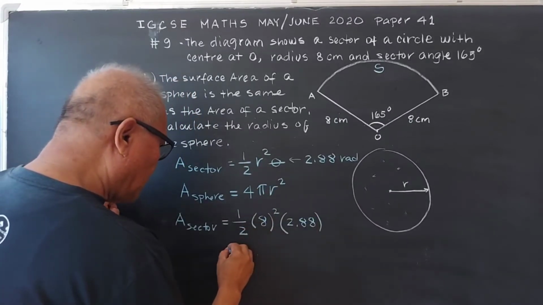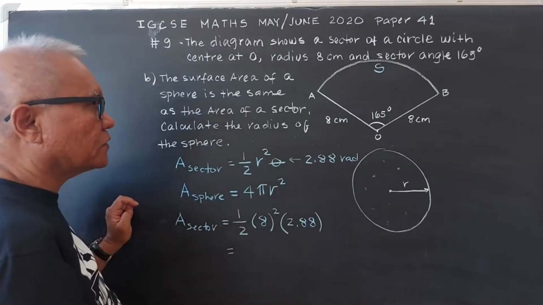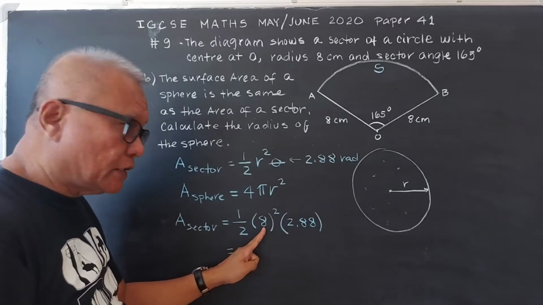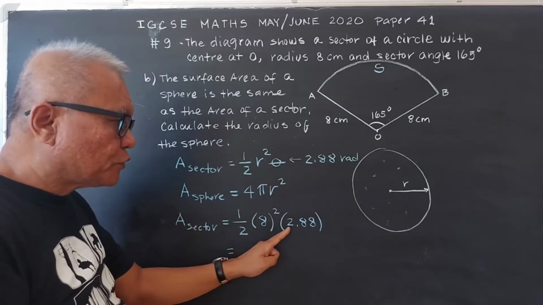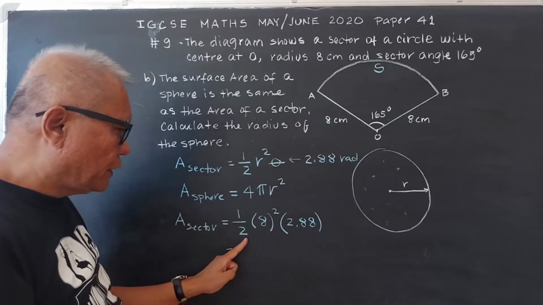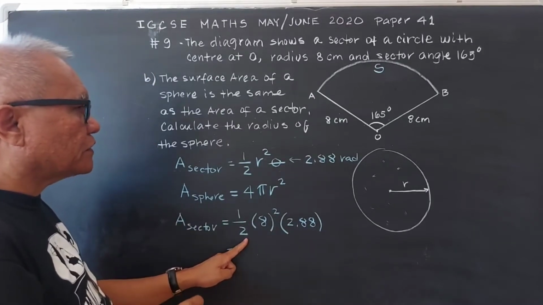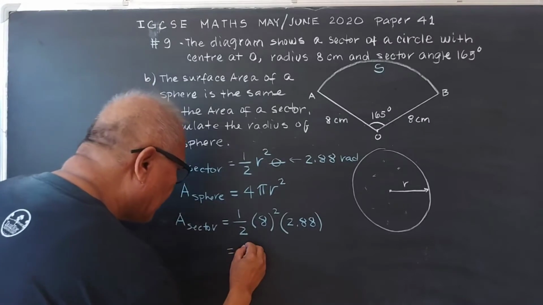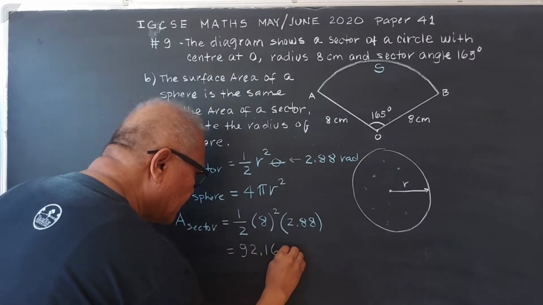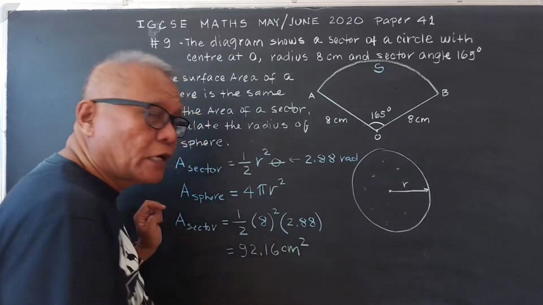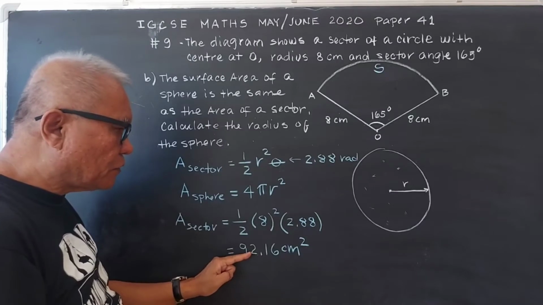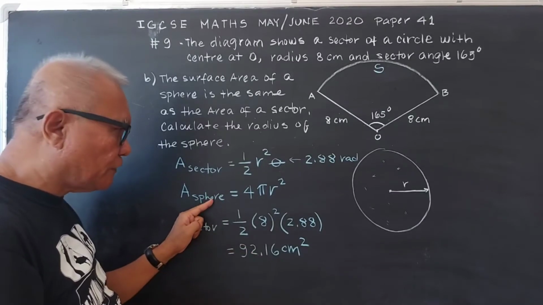So our area of the sector here is 8 times 8 is 64 times 2.88, divided by 2, and our area of the sector is 92.16 cm squared.